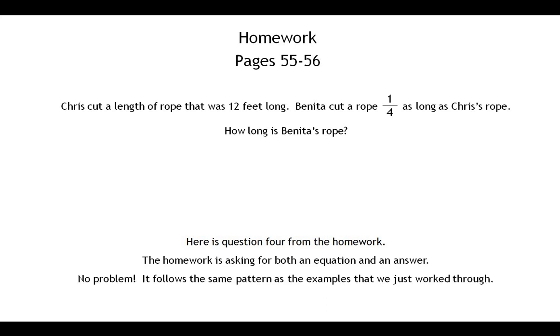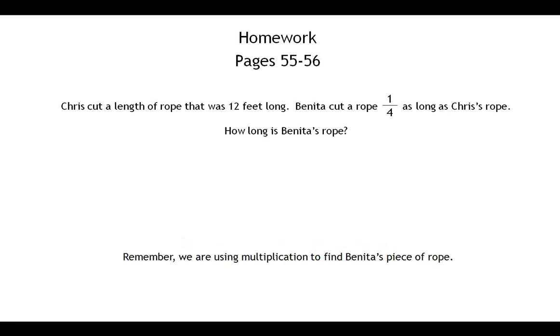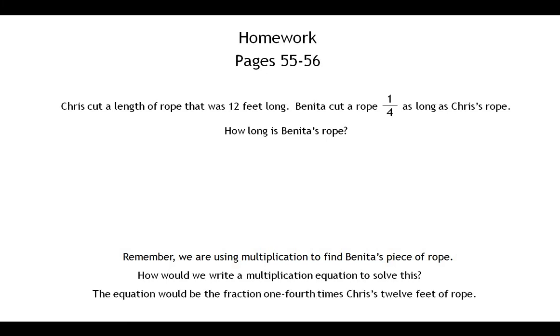No problem. It follows the same pattern as the examples that we just worked through. Remember, we are using multiplication to find Bonita's piece of rope. How would we write a multiplication equation to solve this? The equation would be the fraction 1/4 times Chris's 12 feet of rope.